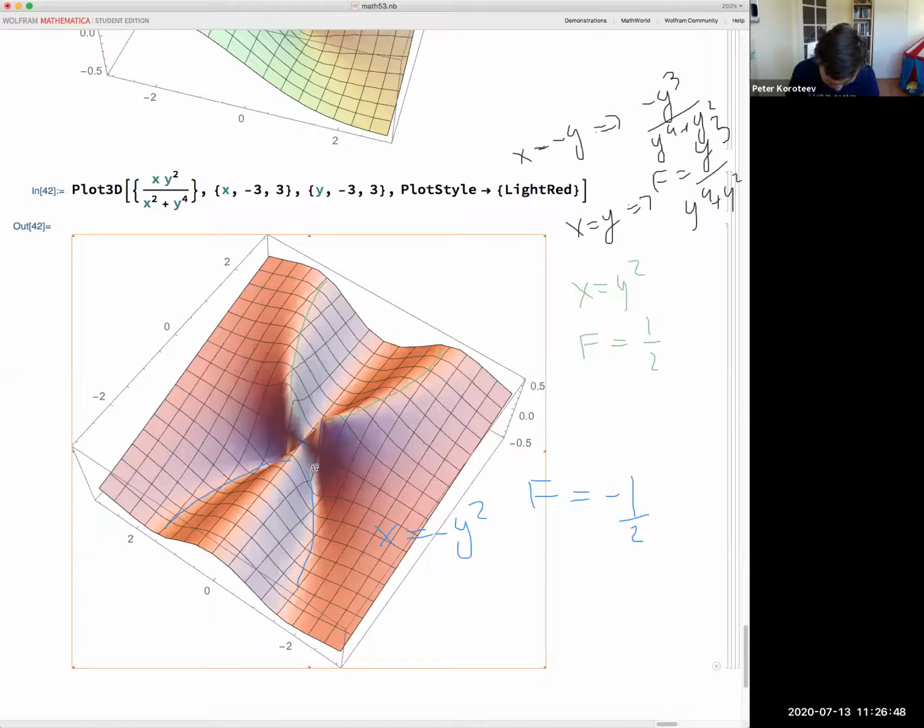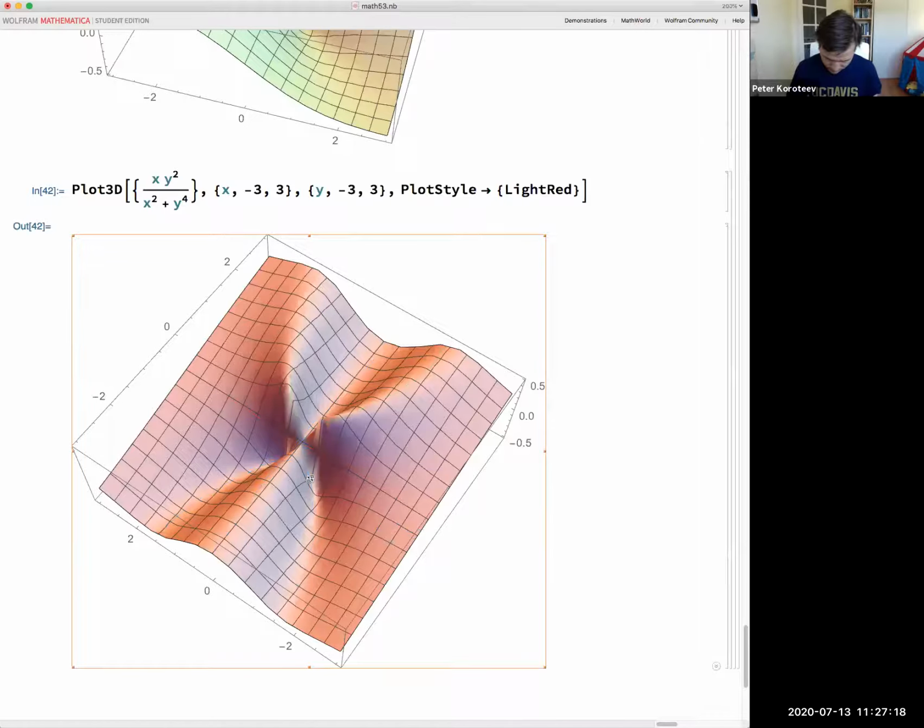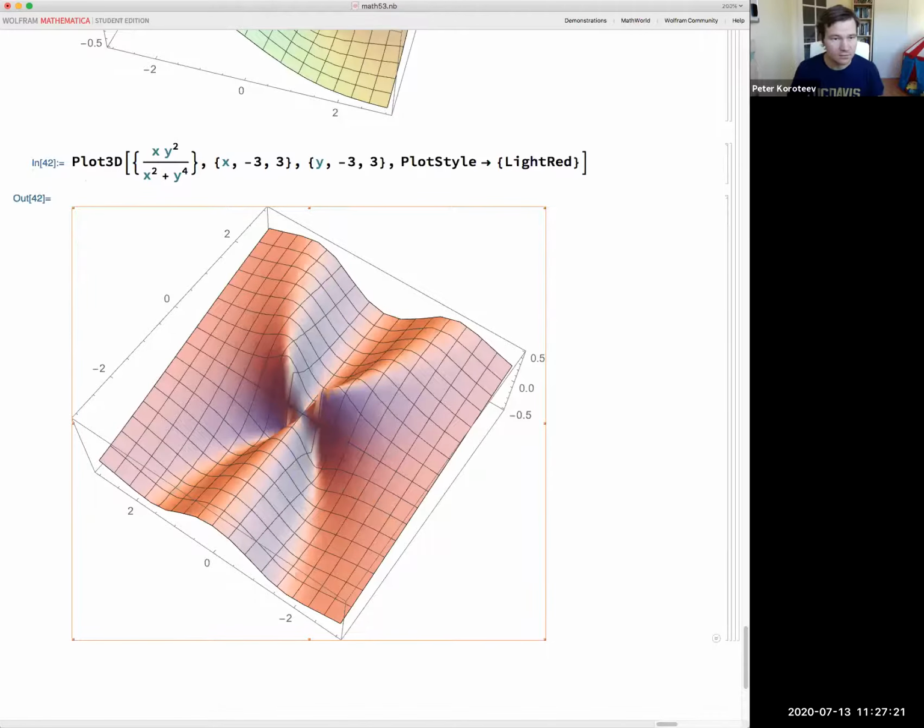You can see that this line passes through the origin, and this line passes through the origin. But nevertheless, the function is not continuous. Okay. So let's do maybe one more example.